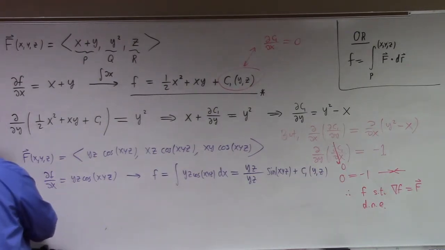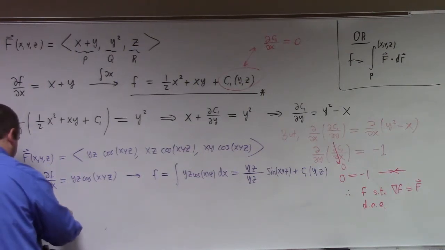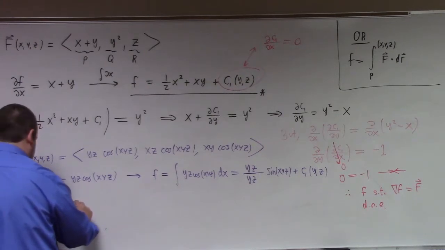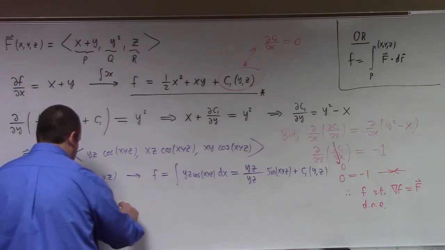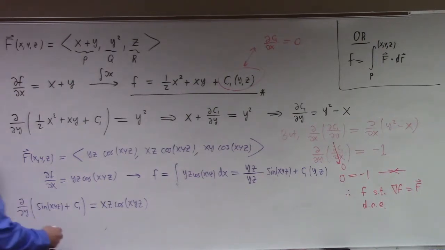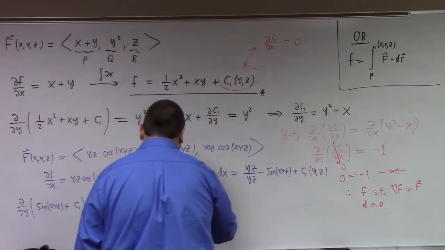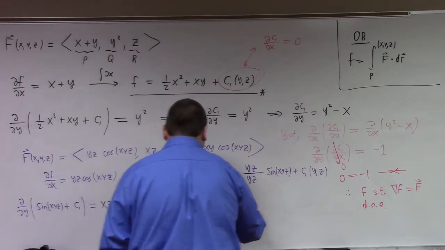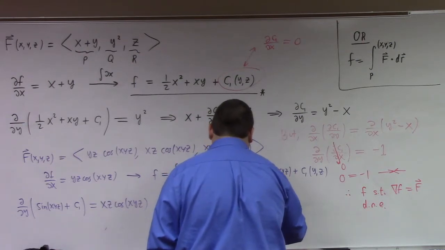So next step would be partial y of sine of xyz plus the c1, right? And that's supposed to be equal to xz cosine of xyz. And so what happens here, we get xz cosine of xyz plus partial c1 partial y is equal to xz cosine xyz, yeah?